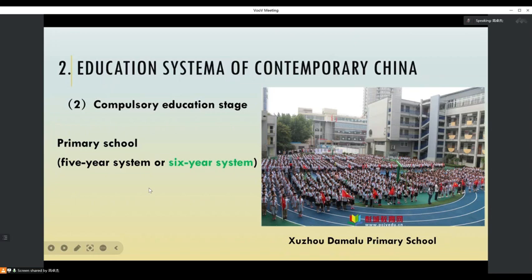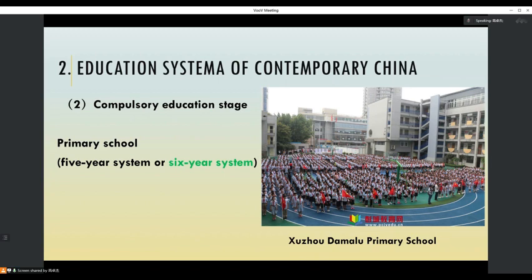When a child reaches 6 years old in China, he or she can go to a primary school. In primary school, children can learn math, Chinese, music, physics, and English.